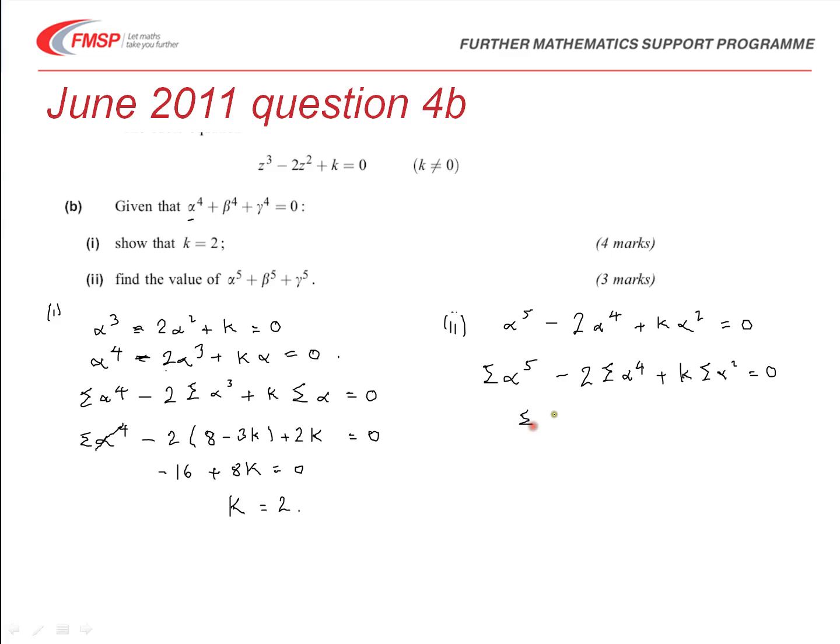Well, at the beginning of this question we were told that value was 0. And then what do I know about the sum of the alpha squareds? Well, I know that k is 2 and the sum of the alpha squareds is 4. And so rearranging that tells me that the sum of the alpha to the 5s is equal to -8.